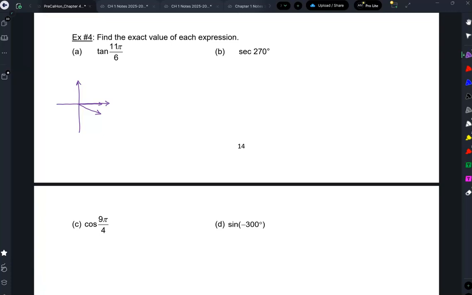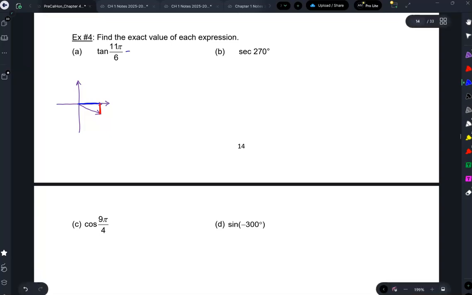Now we want the tangent of this. Tangent is y over x, remember? So how much is the y side of this? Negative 1/2. How much is the x side?